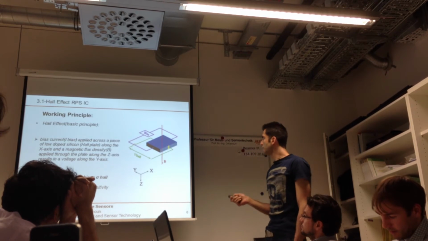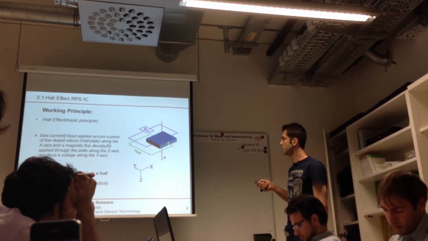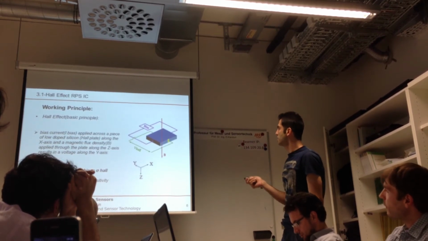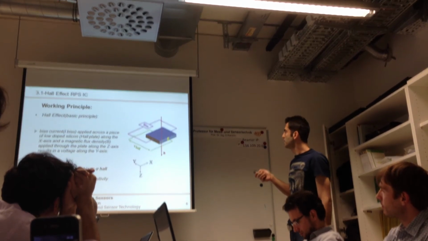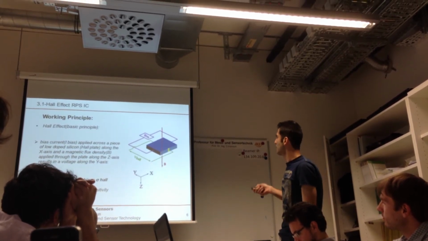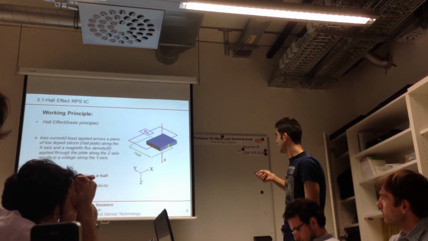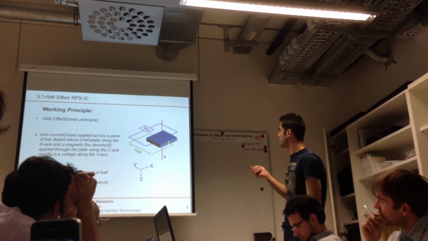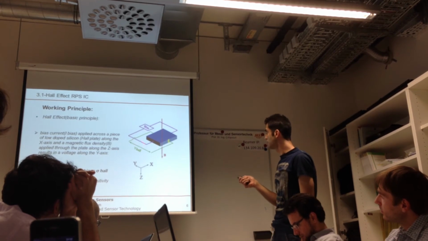If we have a slab of silicon, this blue part, called the Hall plate, and we apply current in the X direction, and at the same time expose this slab of silicon to a magnetic field in the Z direction, then a Hall voltage will be created in the Y direction.